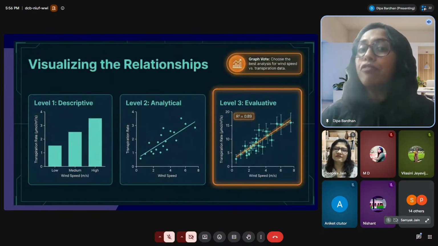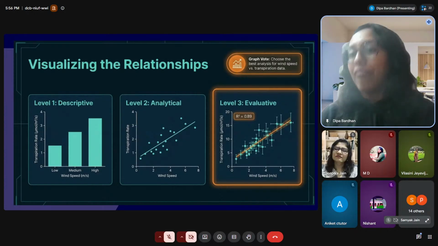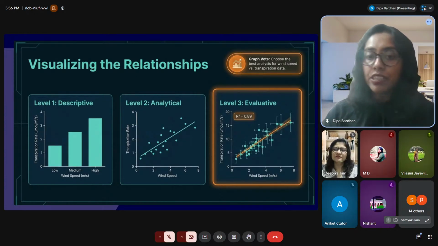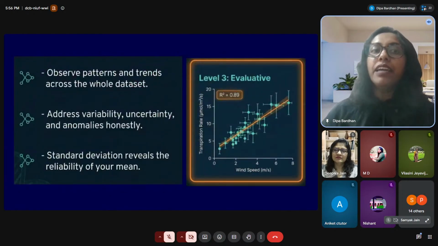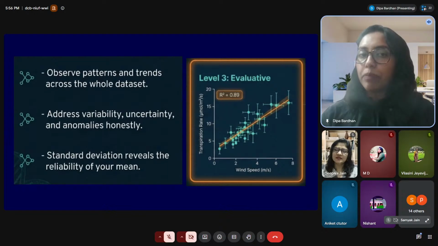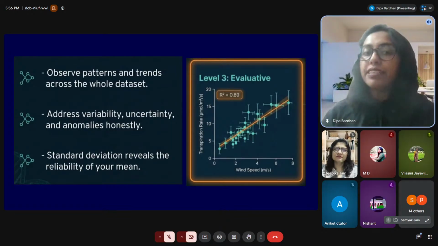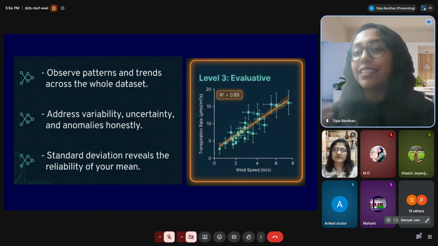It helps you for your analysis and evaluation. So that's why the third one is the better one or the excellent one. It enables you to observe the patterns, trends of the whole data set, address variability, uncertainty, anomalies. Standard deviation also reveals that your data is reliable, though they are not lying on the trend line actually.